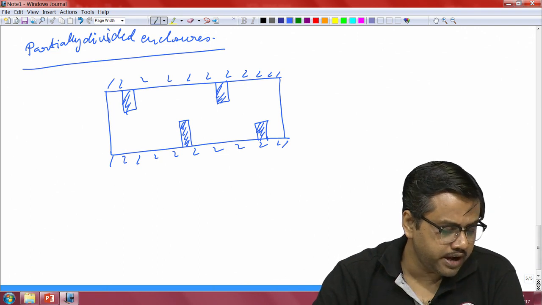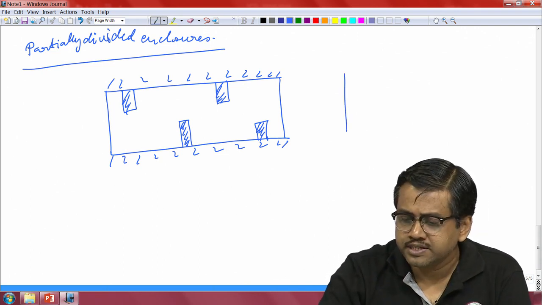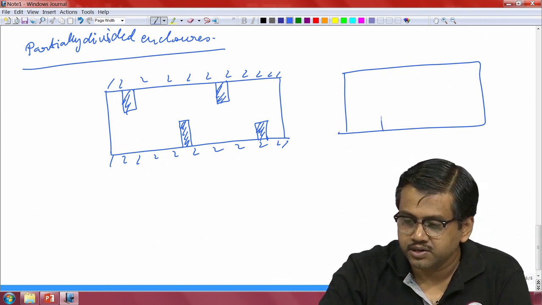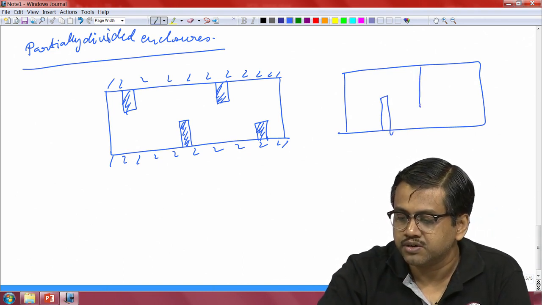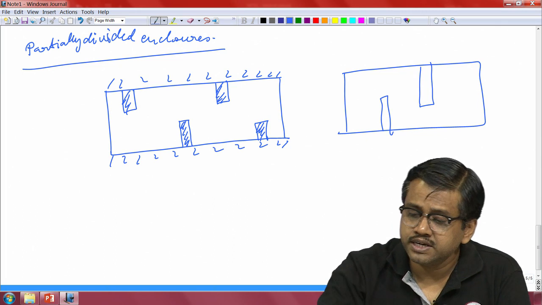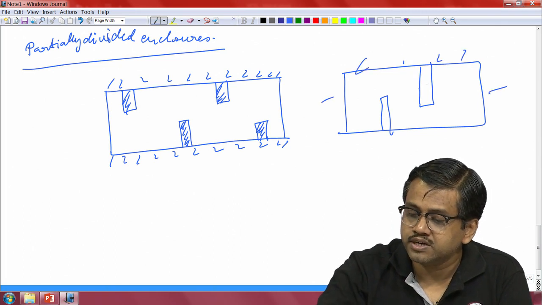Otherwise we will see what happens if you are unable to maintain such recirculations. Here is another typical problem, where you have one enclosure here, one enclosure here, like that. What will happen to those kinds of rooms? Once again, this wall and this wall are open, the rest are all insulated.